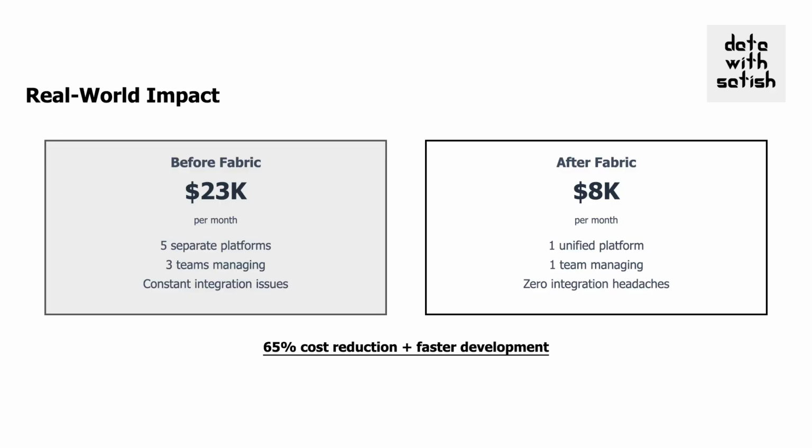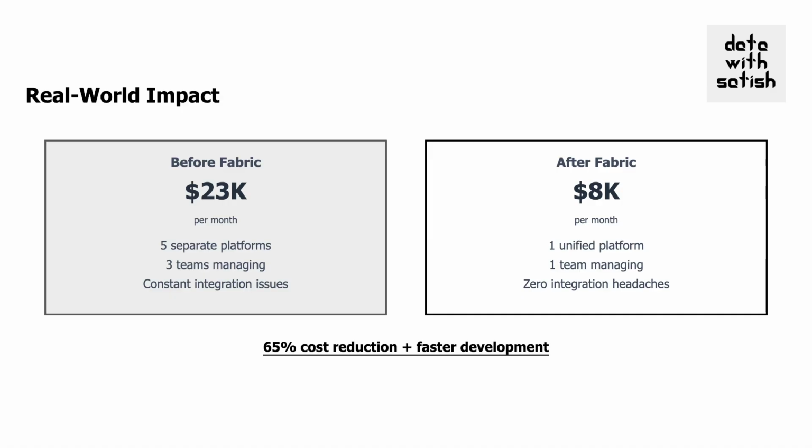Here is a real scenario from what I have seen. A company running 5 separate platforms costing $23,000 per month. They had 3 separate teams managing 3 separate platforms, consistent integration issues, data quality problems, and delays in getting insights. After migrating to Fabric with a single F64 capacity, it's $8,000 per month.